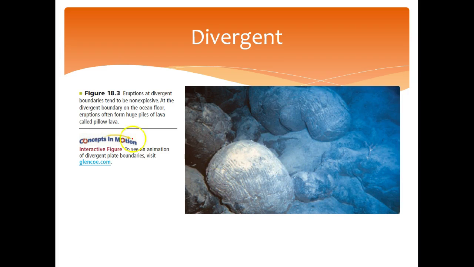So, pillow lava, it is basaltic in nature, but pillow lava meaning that these blobs look like pillows. Not comfortable, but as far as looking at something and trying to make sense of it, sure, pillow lava. But they're going to be basaltic rock.